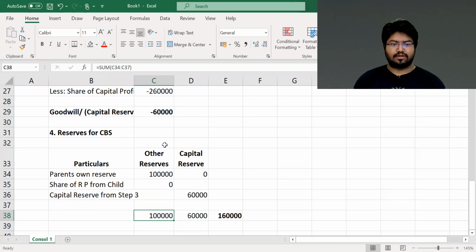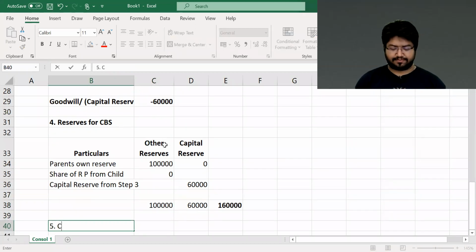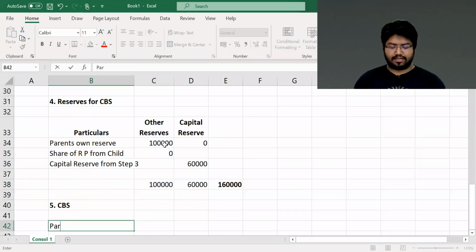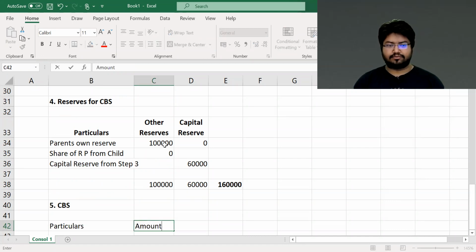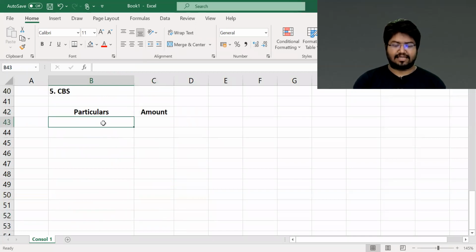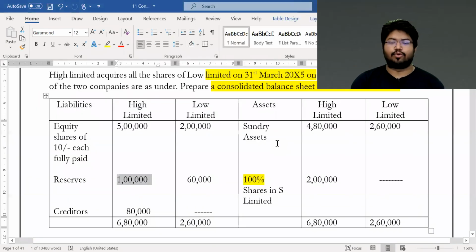Okay. So step 5 is CBS. Particulars and amount. Start with assets. Assets, if you see, you are supposed to take both parent and child together.